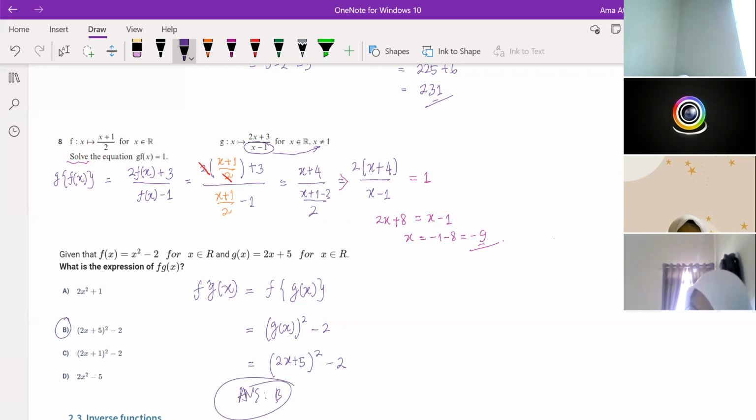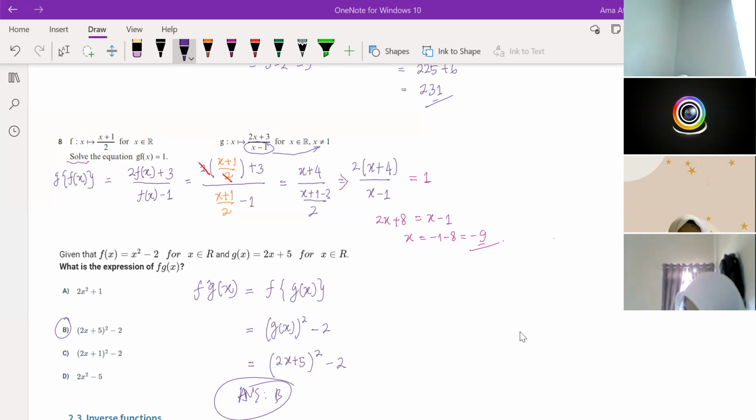Okay, right, students, do you have any questions about this one? Miss, may you repeat why it becomes g of x squared? Okay, sure, I will repeat. First of all, the question asks the expression of f of g of x.